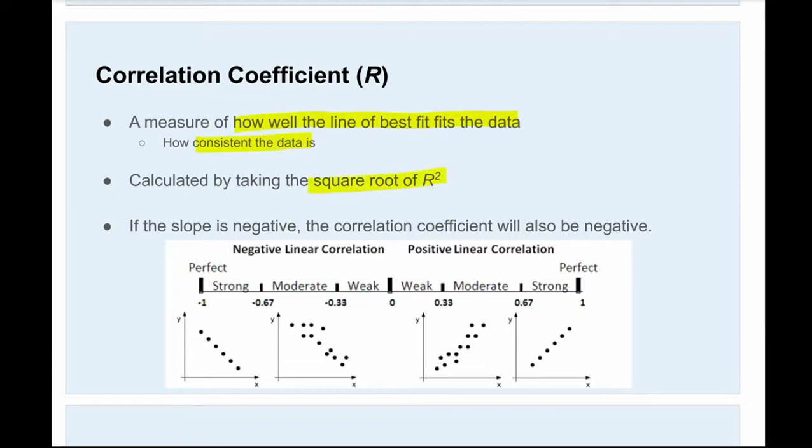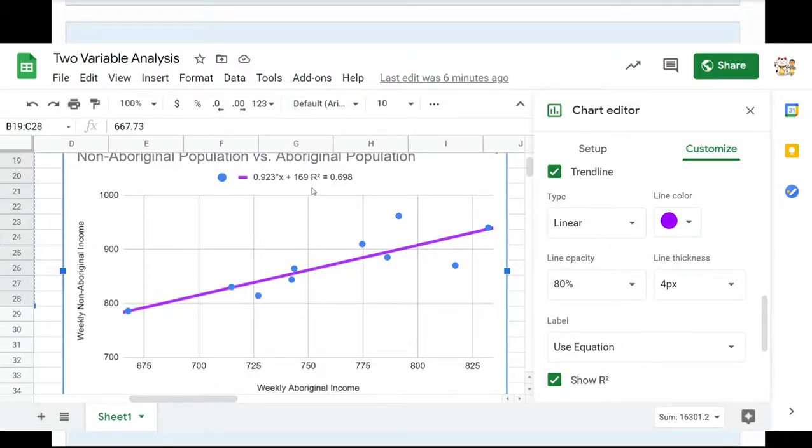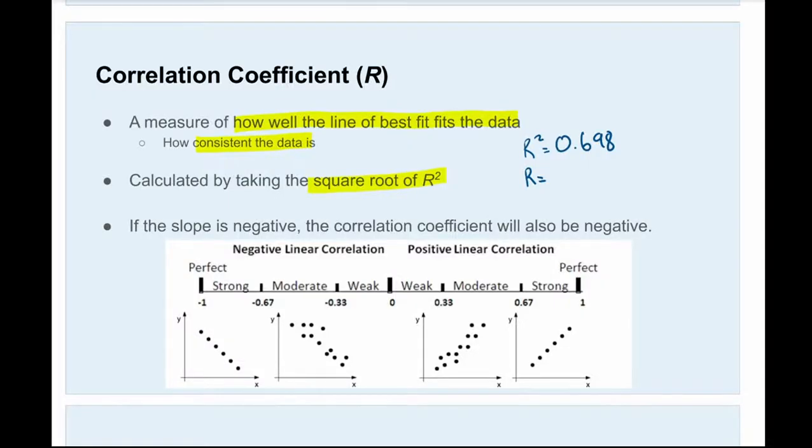So if I go back to my linear regression, I can see the R squared value is 0.698. So I'm going to take the square root of that number to get my R value.